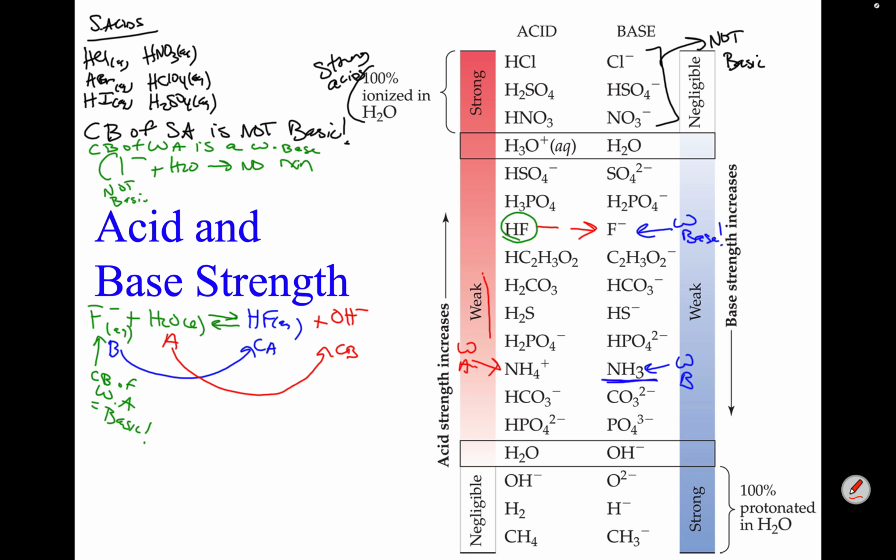I think what's helpful, because this is a very common question, students will look at a molecule and be like, I have no idea if this is acidic or basic. It seems at first like we use a large number of acids and bases in our chapter. It's not that many. So what I encourage you to do, have a blank piece of paper, and on one side write down your strong acids. Below that, write down the weak acids. And any time you use a weak acid, add it to that list. Maybe the chemical formula and the name.